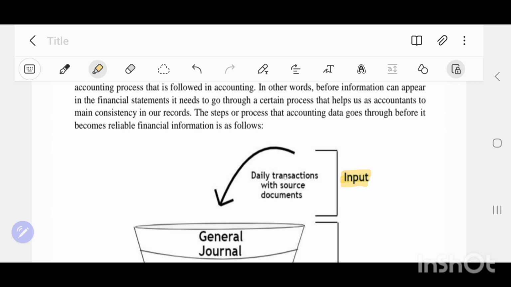This data comes in the form of daily accounting transactions. That's raw data. When these transactions happen, they don't make sense, or they don't have the context we need so that we can use this information to make decisions.